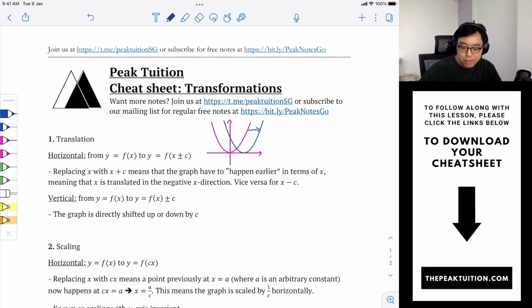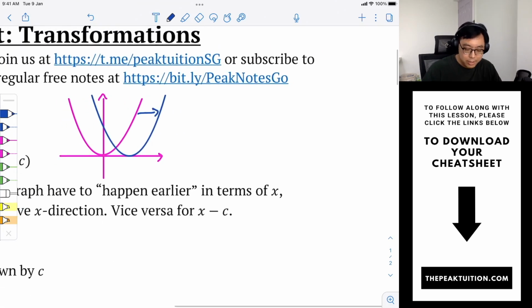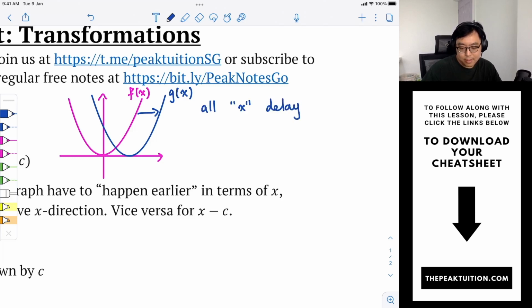So when we try and translate a graph like this, we can label the original graph as f(x), and the translated graph as g(x). In the case of g(x), we can see that all x has been delayed. What is supposed to happen at x equals 0, like here, now happens at, for example, x equals 5, okay?